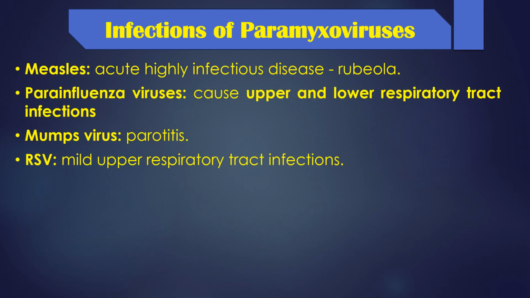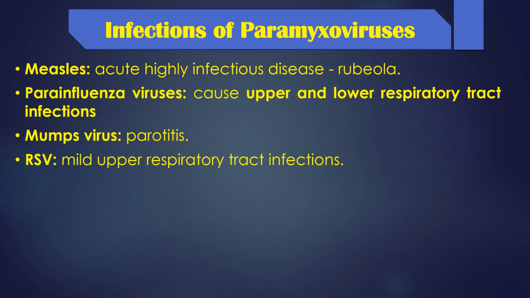Infections of the viruses that come under the Paramyxoviridae family. At first, the measles virus, which is an acute, highly infectious disease-causing virus characterized by fever, respiratory syndrome, and maculopapular rash, that is rubeola.